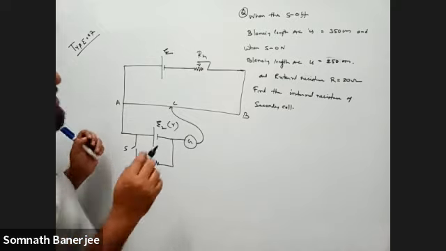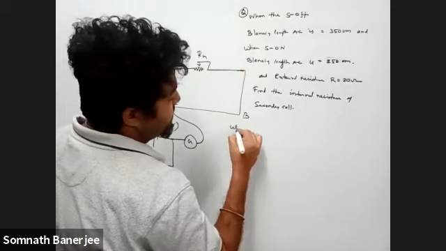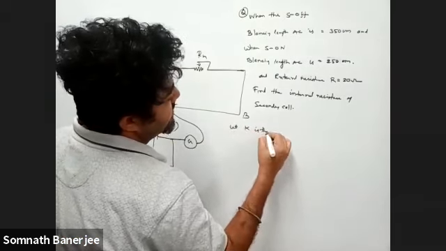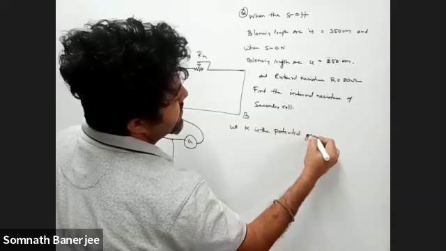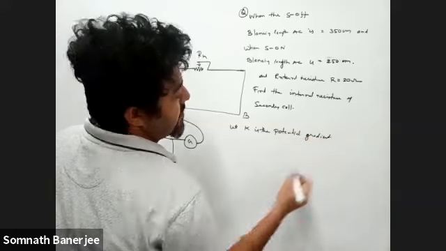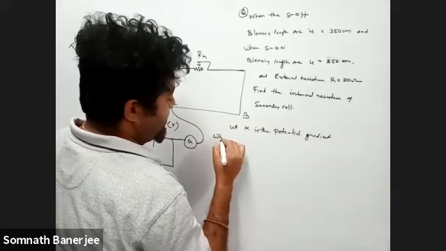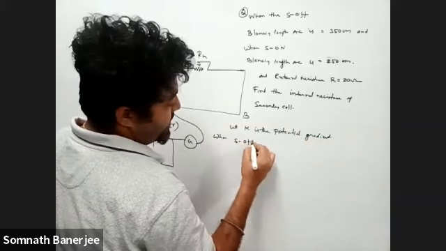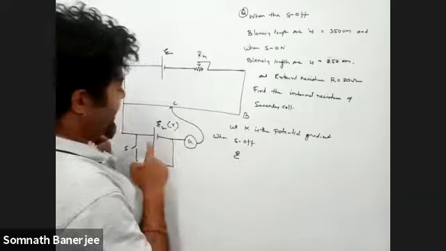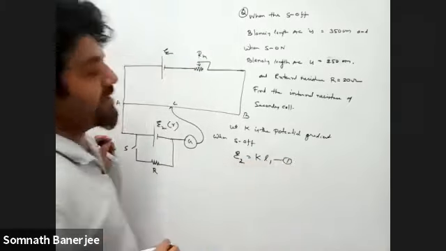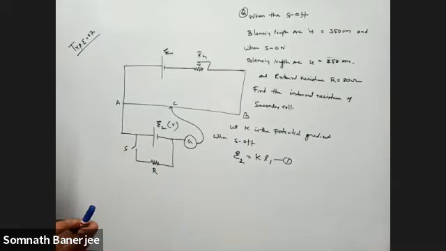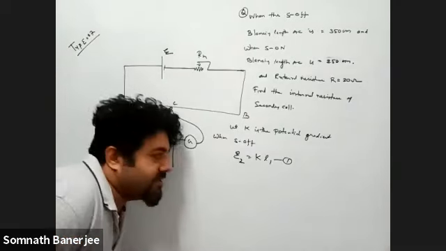First, for the theory, let K be the potential gradient. When the switch is off, the EMF of the secondary cell is K into L1, where L1 is the balancing length, here 350 centimeter.